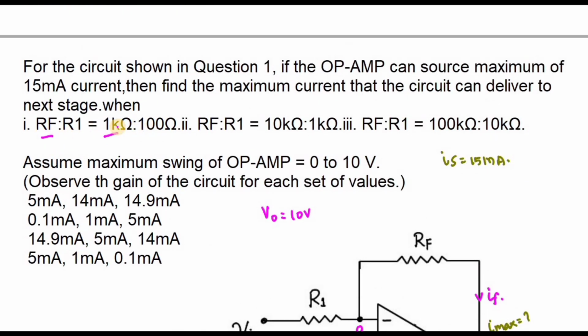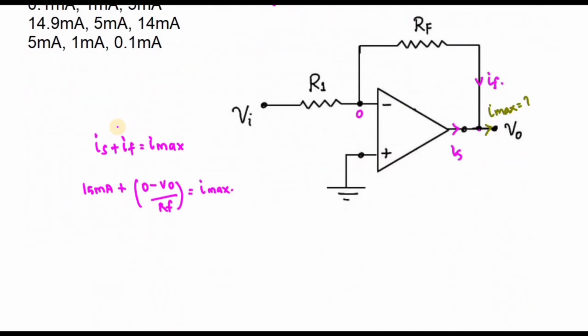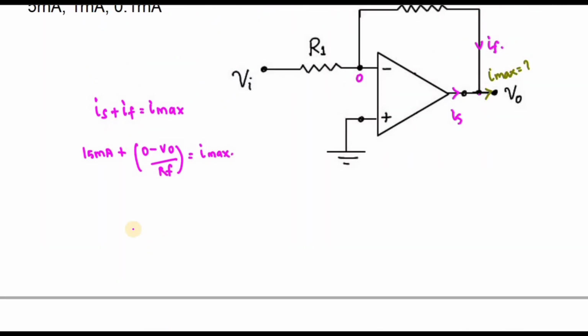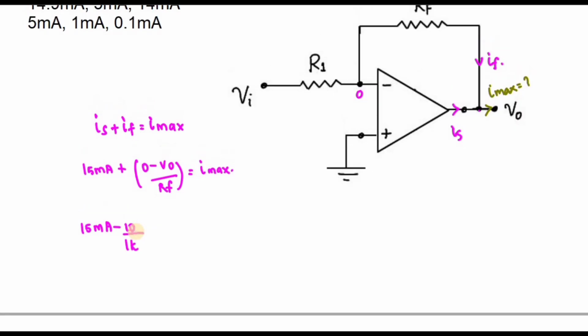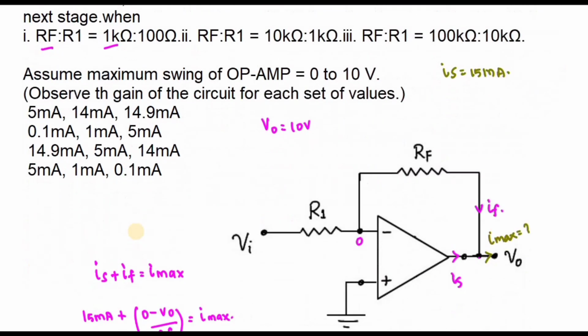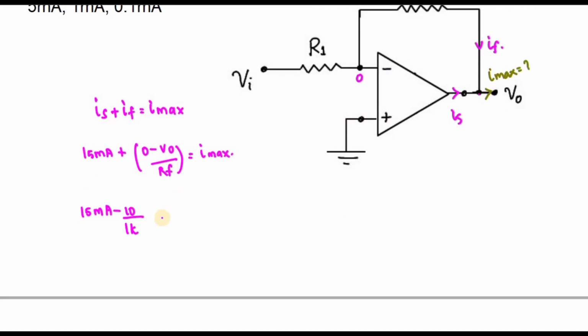RF is 1K kilo ohm, so it is substituted here. So this is 15 milliamps minus 10 divided by 1K, right? So this is your Imax value.